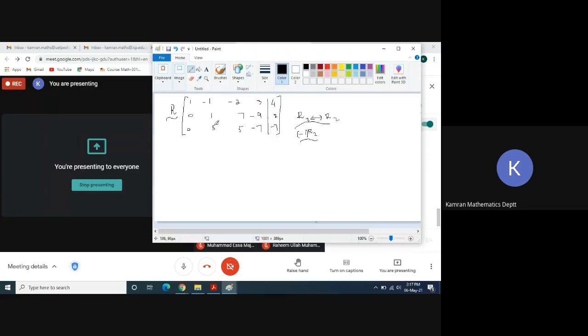Now this 5 must be equal to 0 for echelon form. So for this we will apply another row operation, R3 minus 5 times R2. Zero, 1, 7, minus 9, 2.